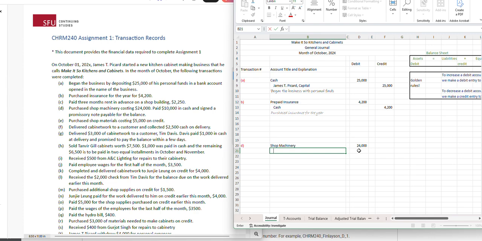And then we have two credits. One is the cash, and one is, was it a note? Yeah, a note. So notes payable. Right? And of course, we can make sure that adds up to 24,000.